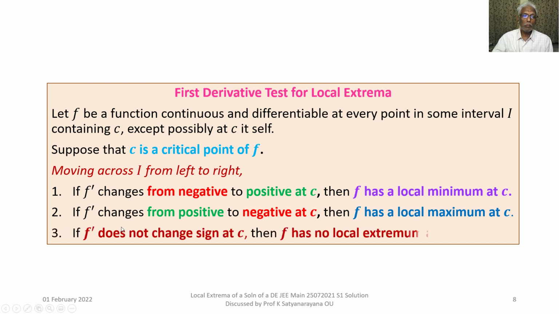If f prime does not change sign at c, that means both sides of c is either positive or negative, that is f prime does not change sign at c, then f has no local extremum at c, and in such a case the point c is called the point of inflection.